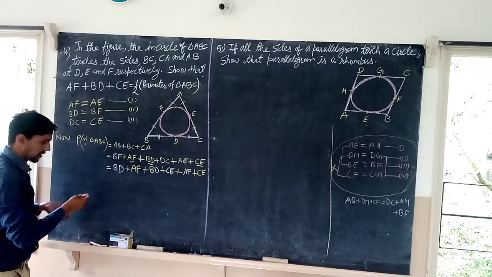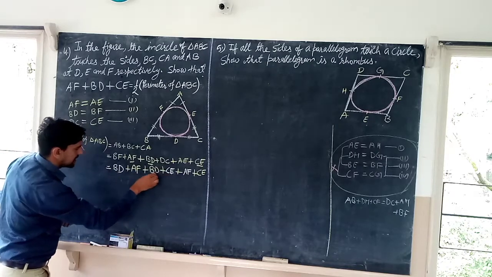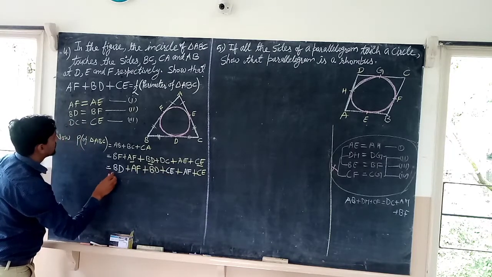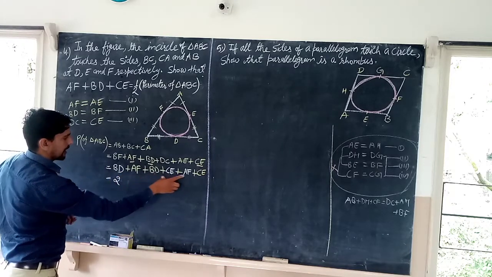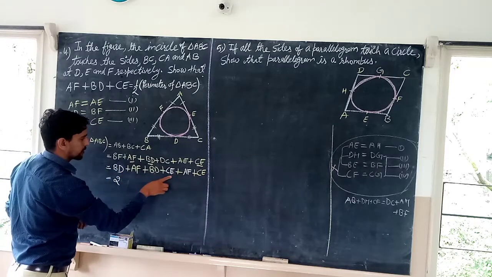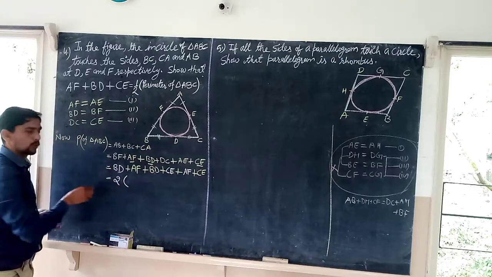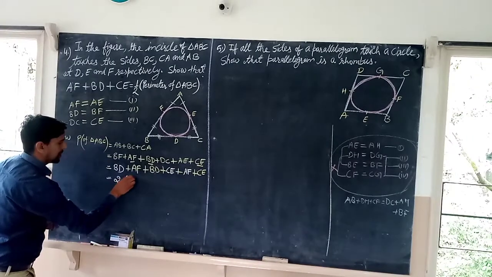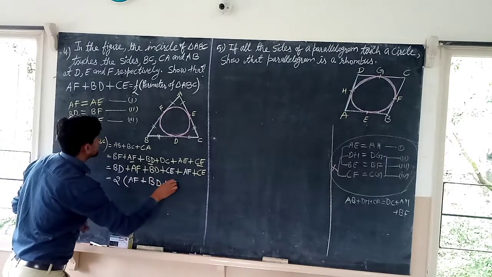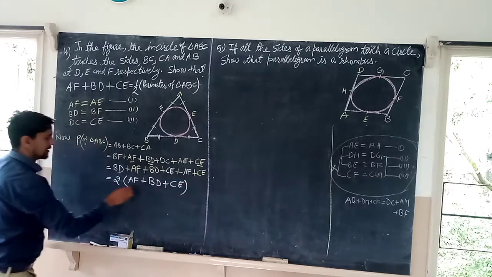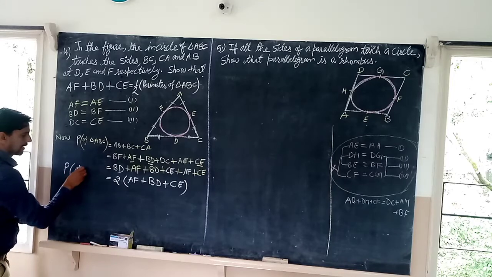Just look carefully. Now I have BD two times, AF two times, and CE also two times. That means I have all these sides two times, so I can write 2 outside: AF plus BD plus CE. This is the perimeter of triangle ABC.